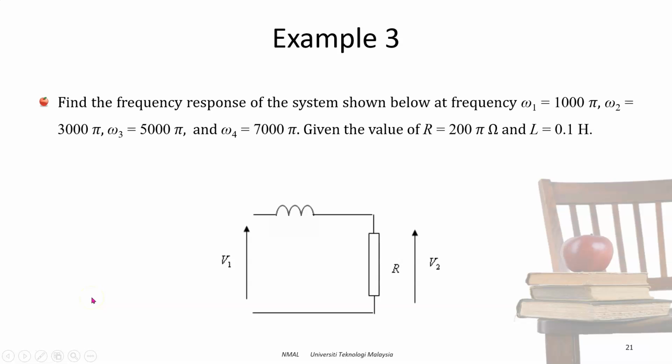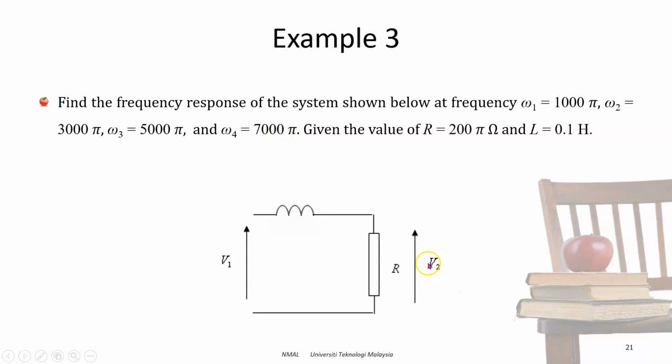See another example. This time we have a circuit with an inductor and also a resistor. The transfer function here is defined as the voltage across the resistor divided by V1, the input voltage. We need to find the frequency response of the system shown below at different frequencies: 1000 pi for omega 1, 3000 pi for omega 2, 5000 pi for omega 3, and 7000 pi for omega 4.